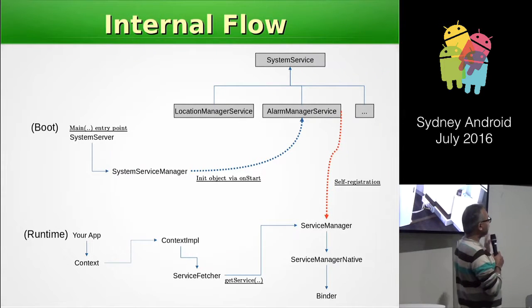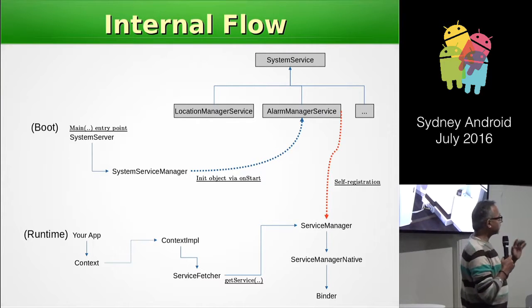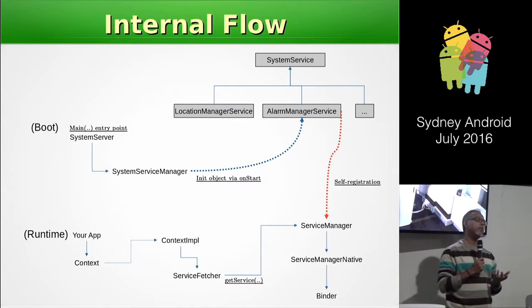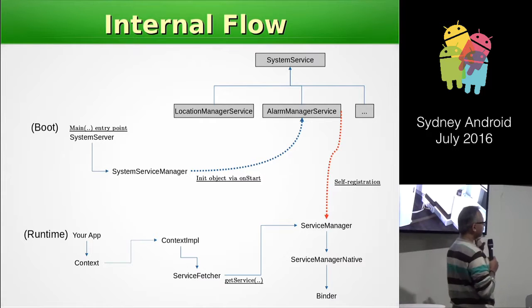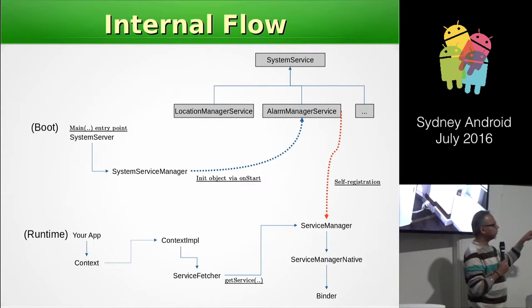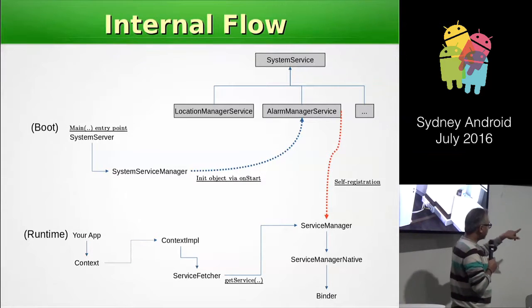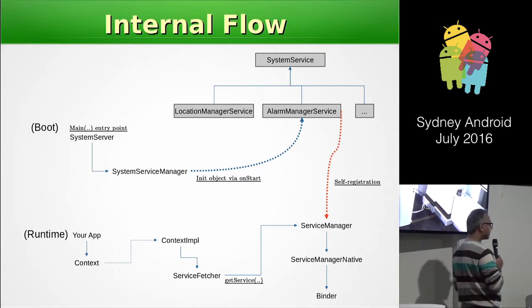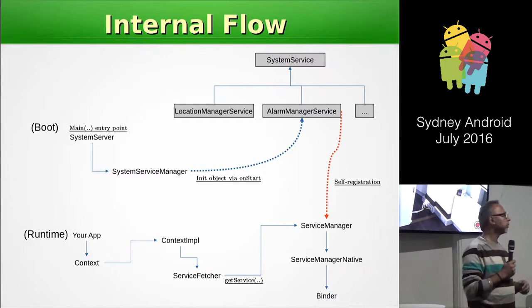Once onStart is called for these different services, the service itself will register itself to what is called a service manager, right? So there's a self-registration process happening behind the scenes to the service manager. Now, if you look at the bottom part, on the runtime, you have your app, right? You write your app, and then you have access to the context, and then you write the code getSystemService.